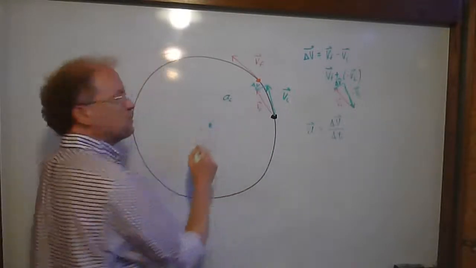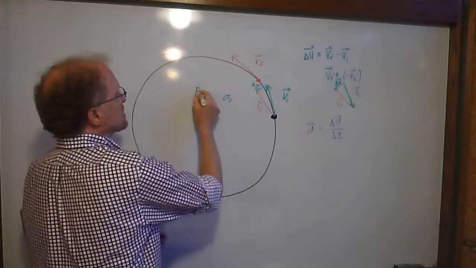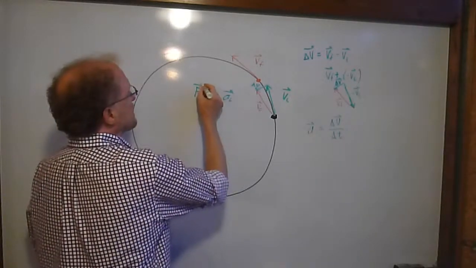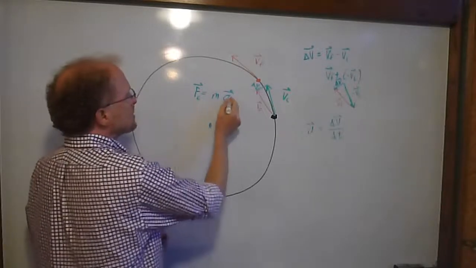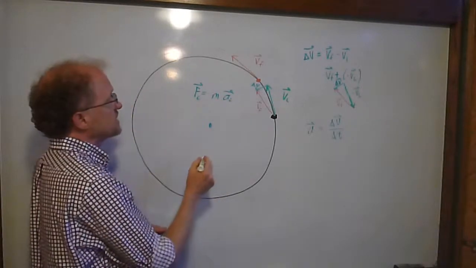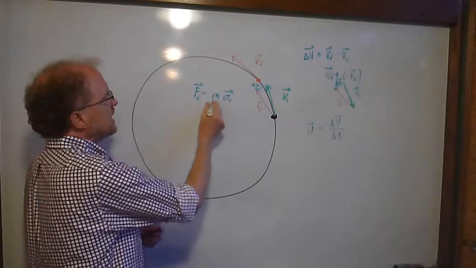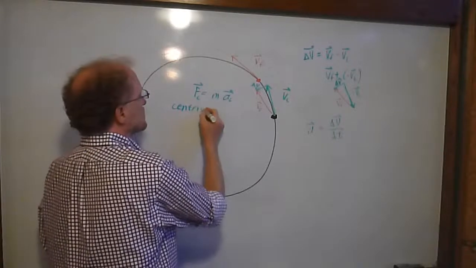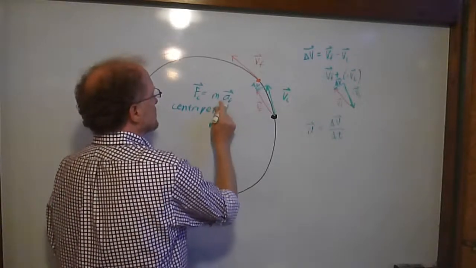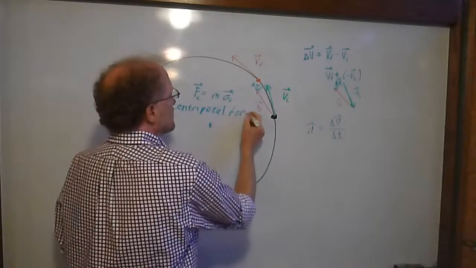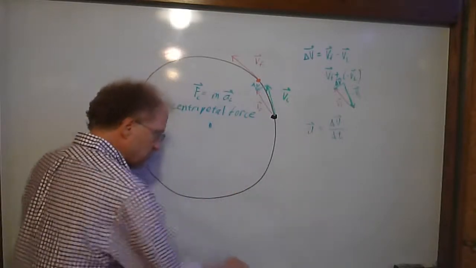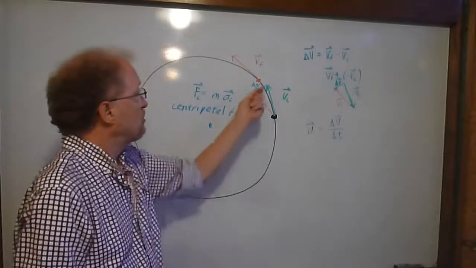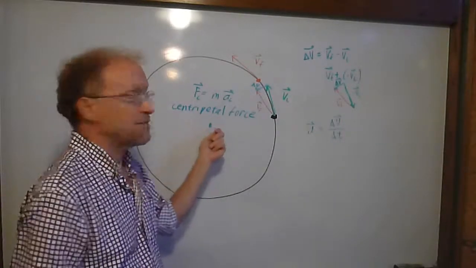And then we know from Newton's second law, F equals ma, that there must be some kind of a force also in the same direction as this acceleration, and that we call the centripetal force. So whenever we've got circular motion, there is a centripetal force pulling our object toward the center of the circle.